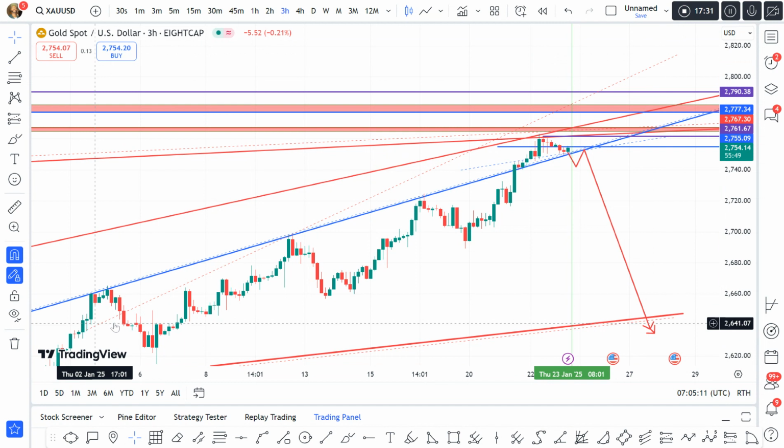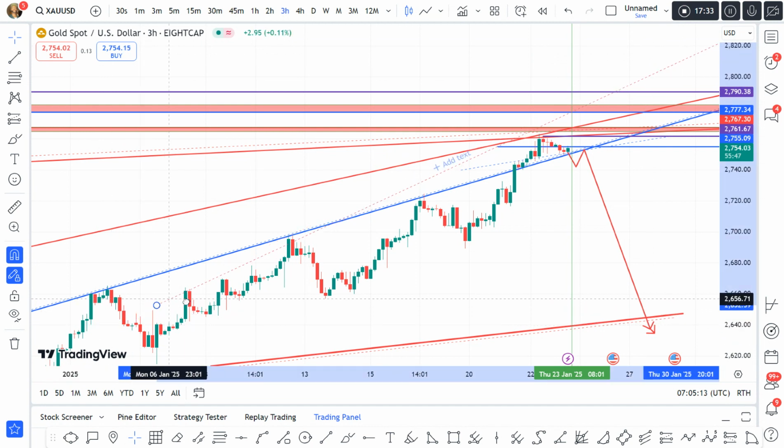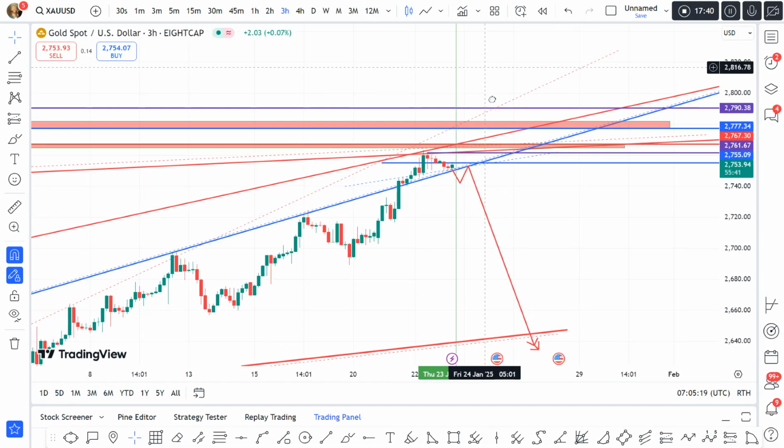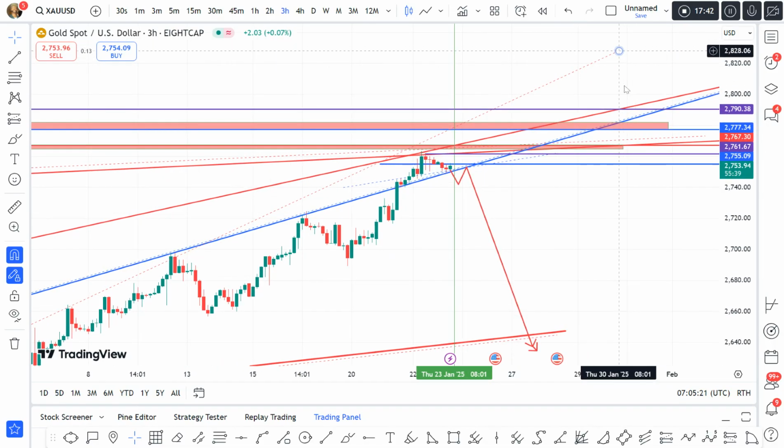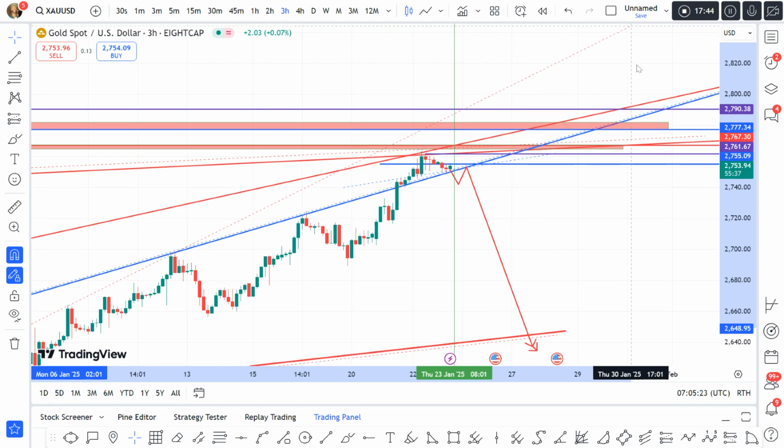So I saw this structure and I feel let us add it to our trend structure. We have a roof at this level, which we must also keep in mind is a 3 hours roof.